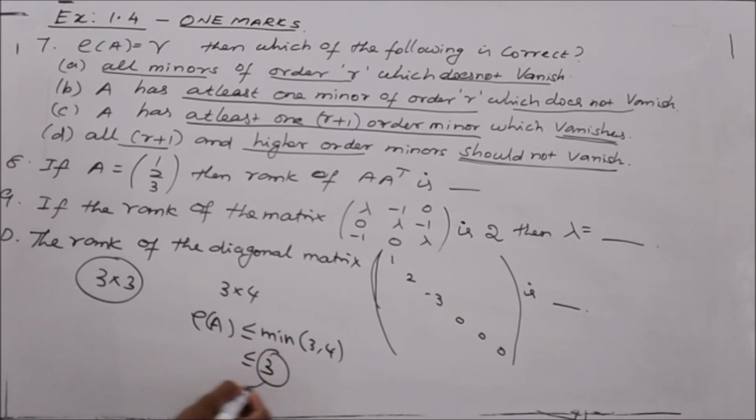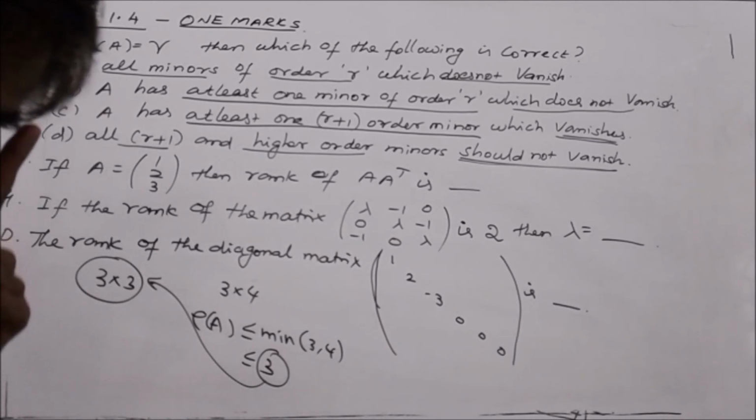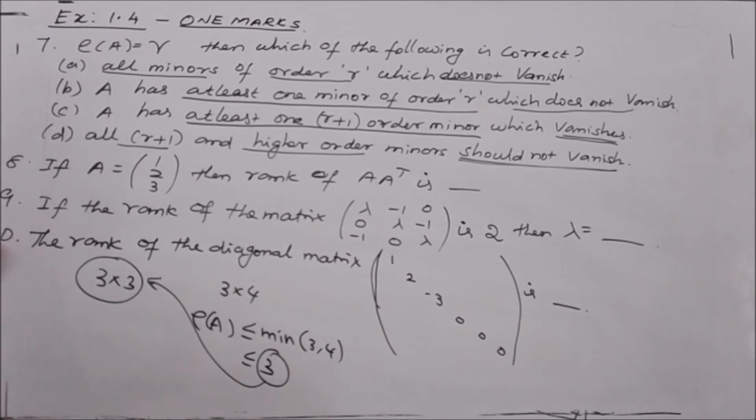So we start with 3 by 3 minors. In 3 by 3 minors, at least one 3 by 3 minor is non-zero. It need not be that all the 3 by 3 minors are non-zero. At least one 3 by 3 minor is non-zero, and the rank is concluded as 3.